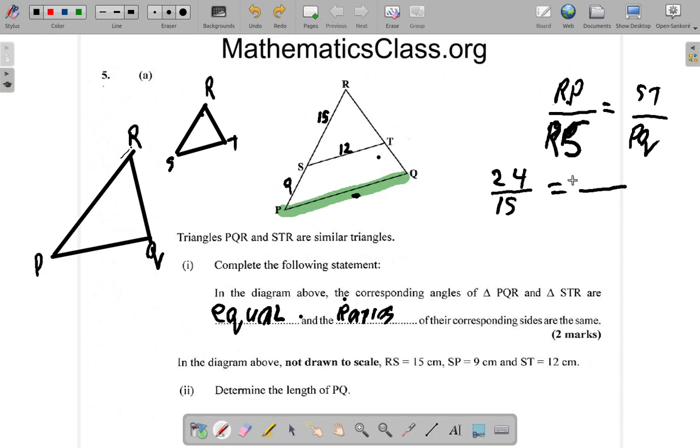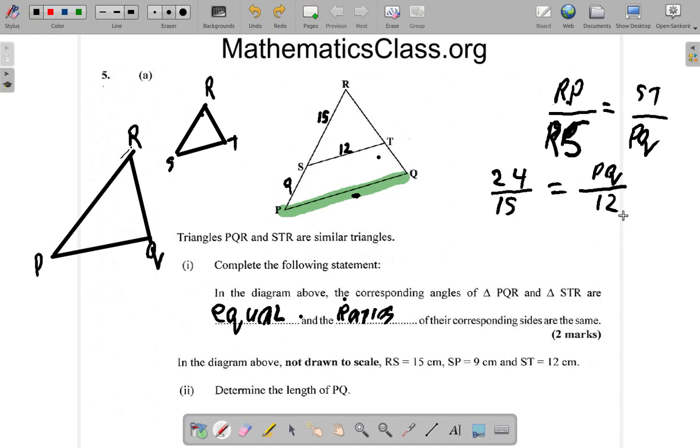So let's stick to the big over small. So what that means is PQ, the bottom of the big triangle over the bottom of the small triangle, ST, but ST is 12. Now you see that? Now you can work that out.